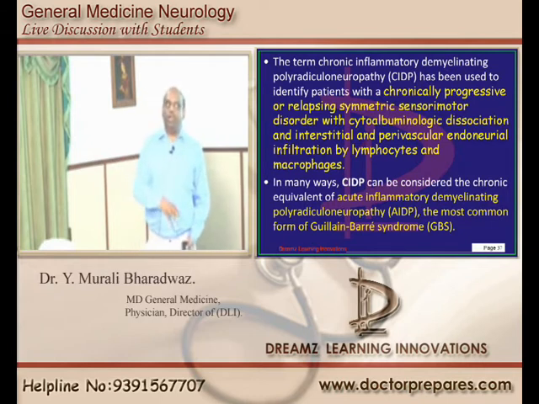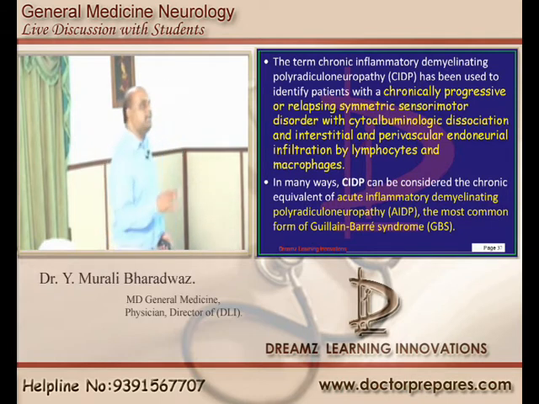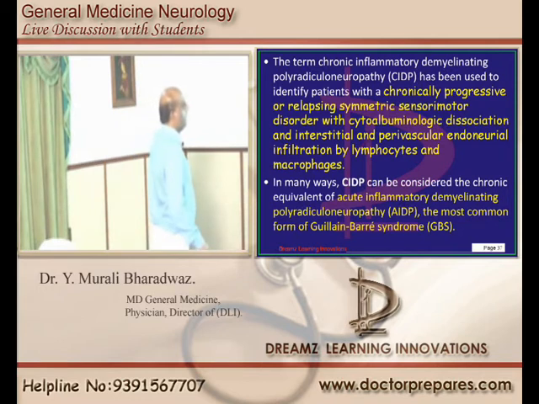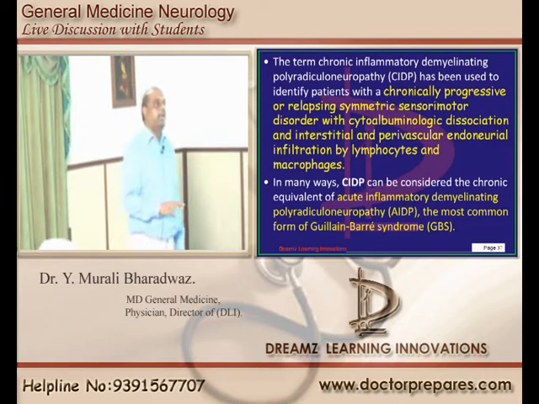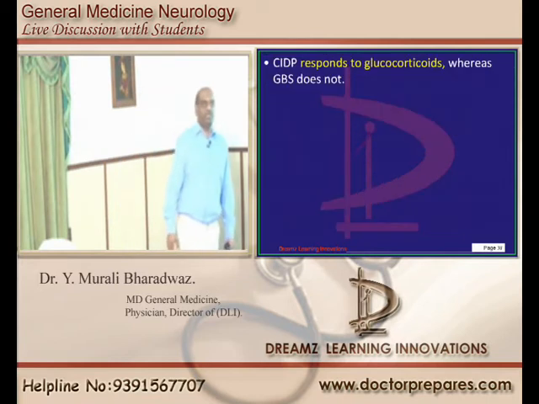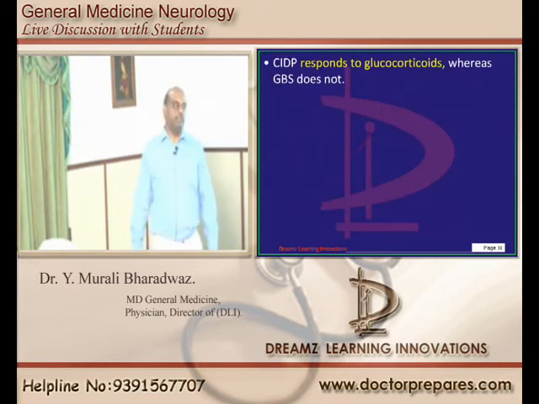If it occurs acutely, you call it Guillain-Barré, otherwise you call it CIDP. And another difference is, if it is CIDP, if you give steroid it will respond, but GBS does not respond that dramatically to the steroid administration, is what you need to understand.